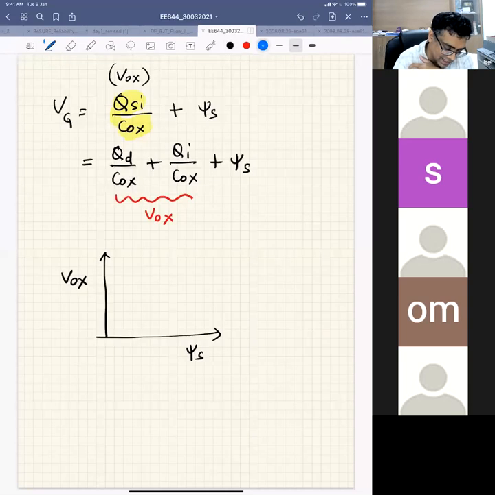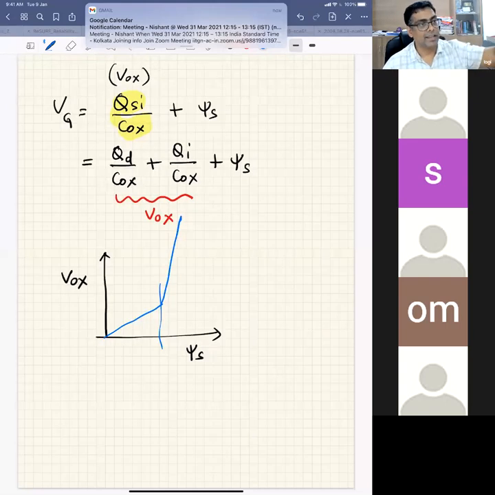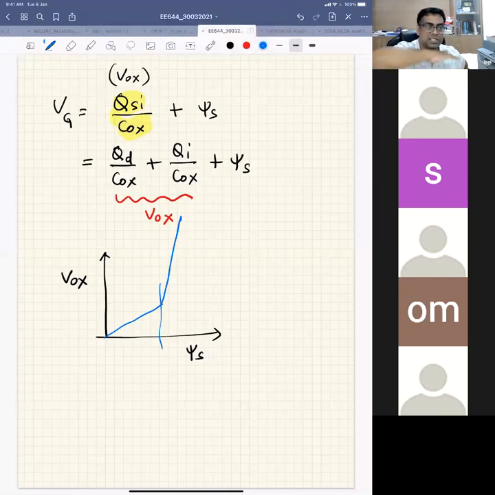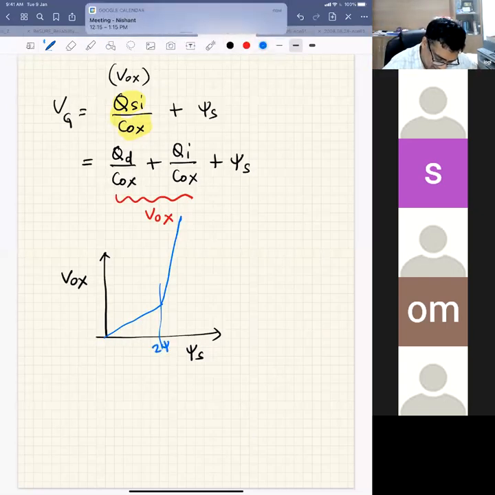Let's say you could plot it. Your voltage drop is increasing with psi_s, because the charge is increasing. But after inversion, suddenly it will increase very high, because your inversion charge is increasing exponentially, so the voltage drop will increase exponentially. And this happens at 2 psi_B, right?